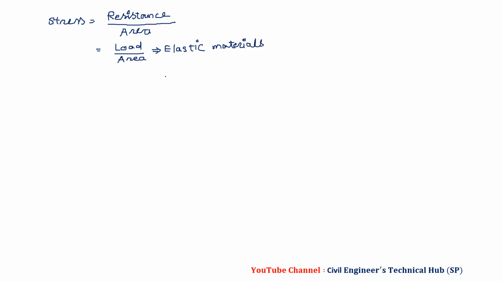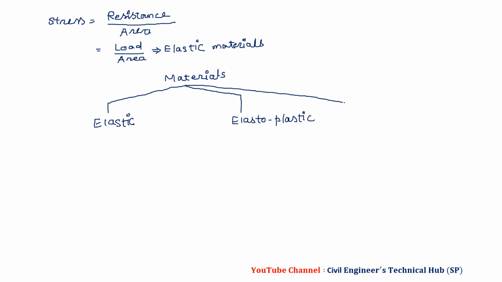So we have materials three types. So we have elastic. Then we have elastoplastic. And third we have plastic.